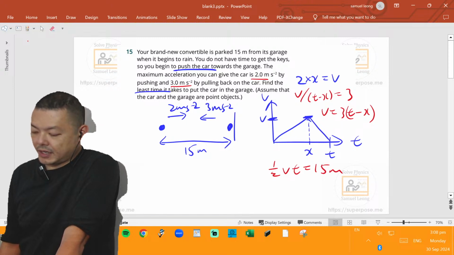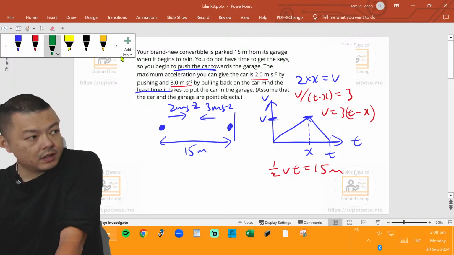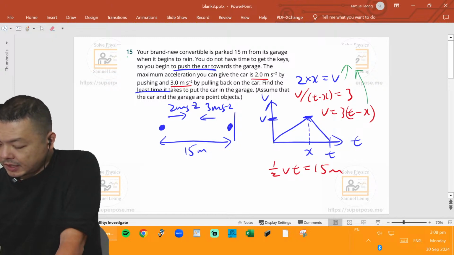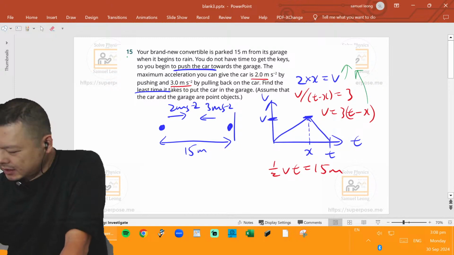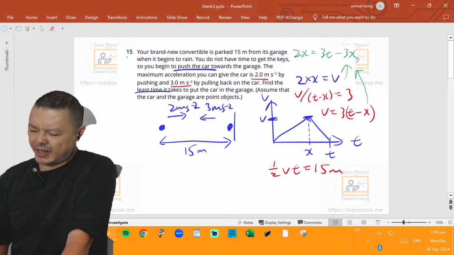You got three equations. Can you solve for it? From the first one, these two here, we can equate both of them. What do we get? We get 2x equals 3t minus 3x. Is that right?